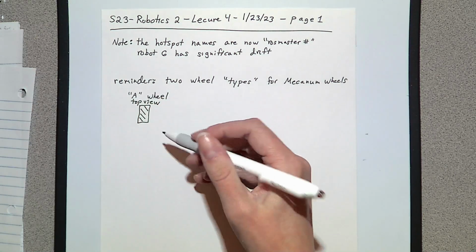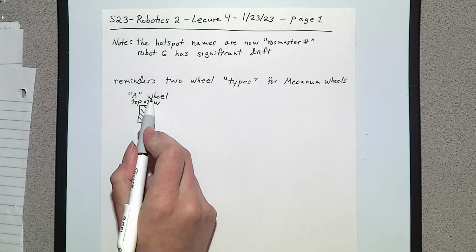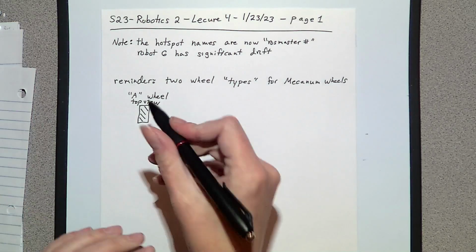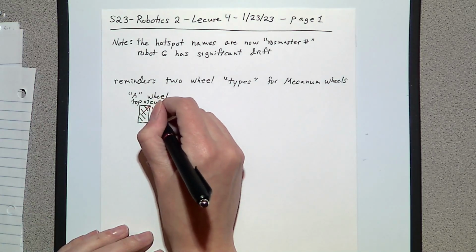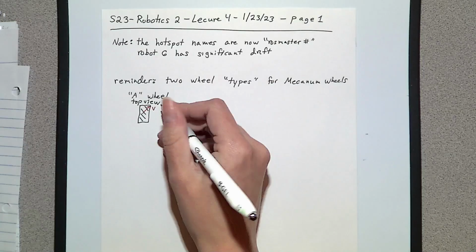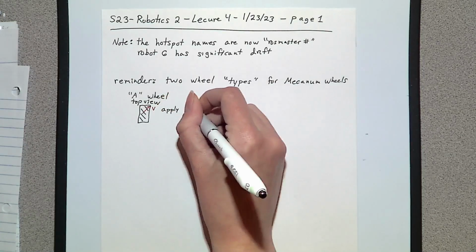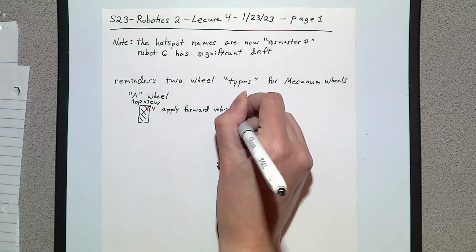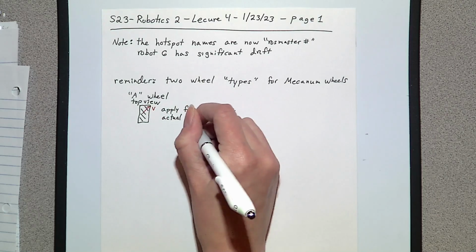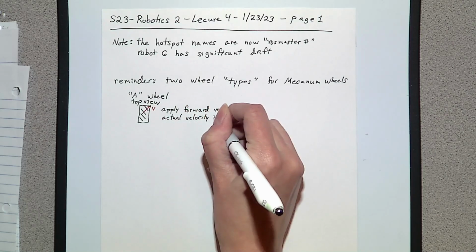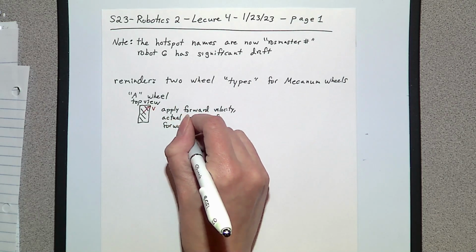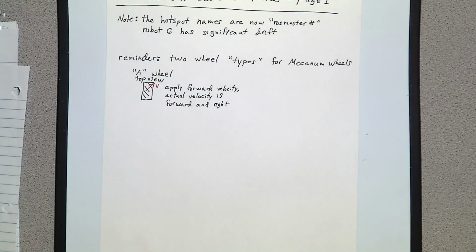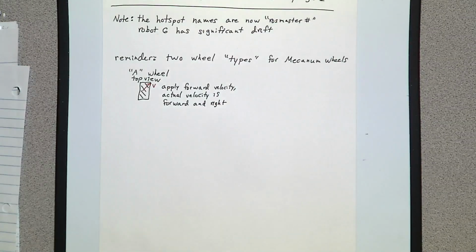And if we apply a forward rotational velocity to the wheel, the actual velocity is forward and right. And so if we apply backward velocity, that would be backward and left.